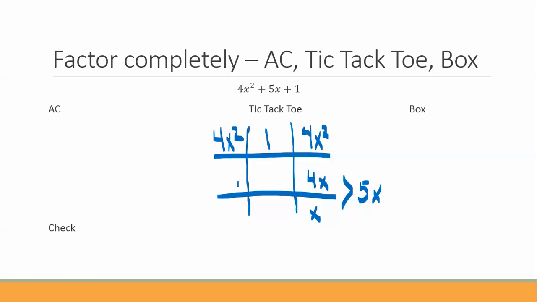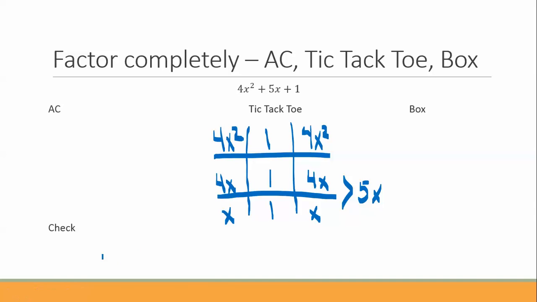And now we want greatest common factors for these four boxes. The greatest common factor of 4x squared and 4x is 4x. The greatest common factor of 1 and 4x is 1. The greatest common factor of 4x squared and x is x. And the greatest common factor of 1 and x is 1.